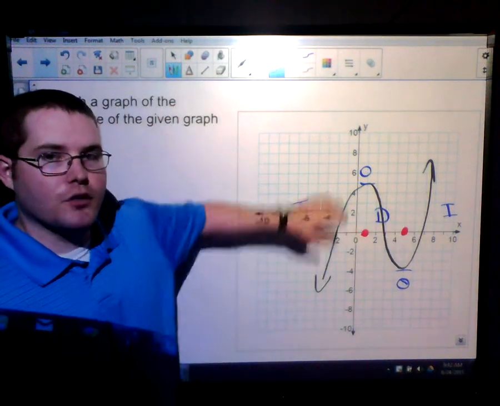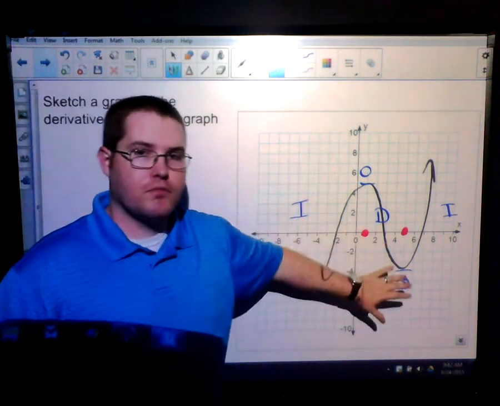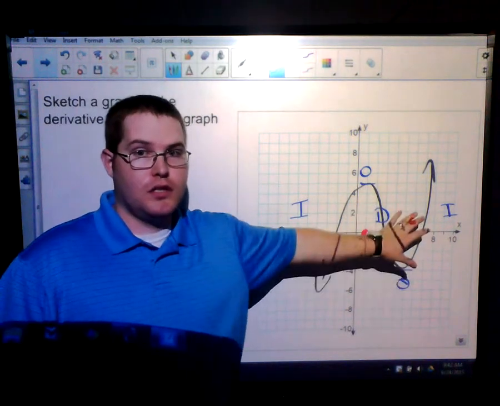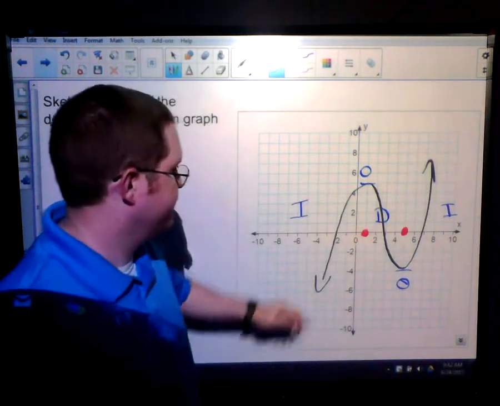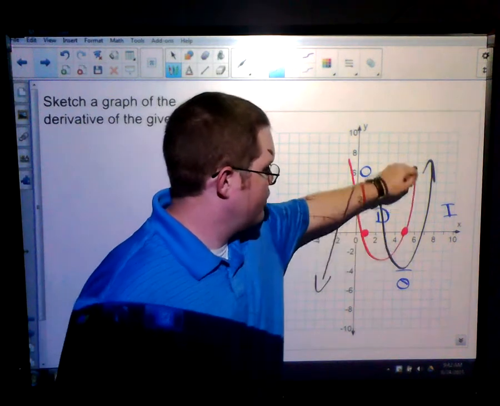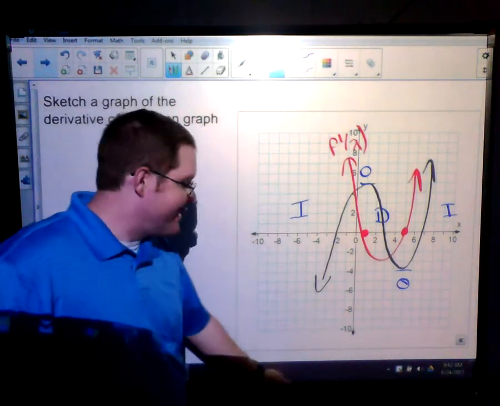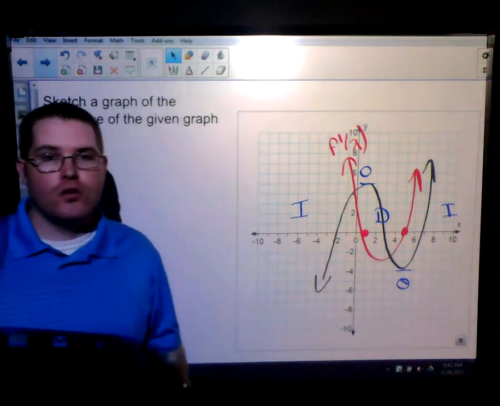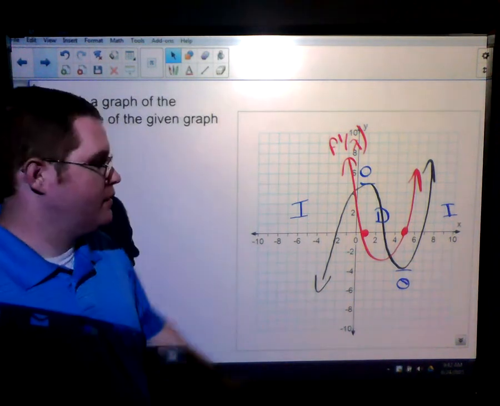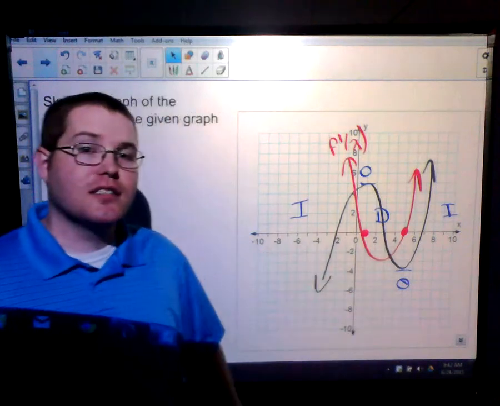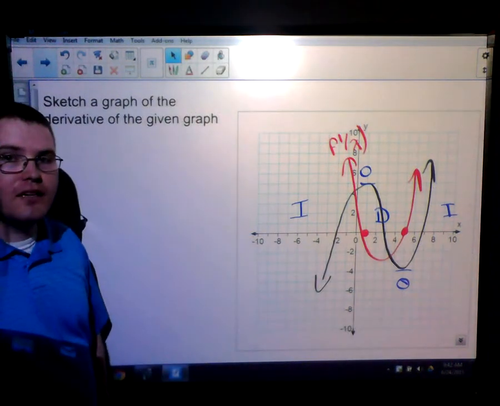So what kind of graph goes above 0, below 0, above? It's a parabola. Again, that's not an exact graph. I don't know how tall or how low or how high this parabola goes. I just sketch a graph of it to give me some idea of what's going on here.